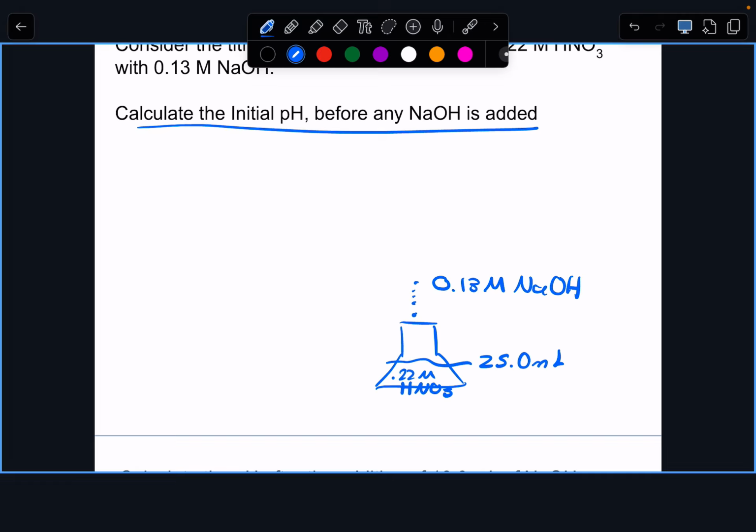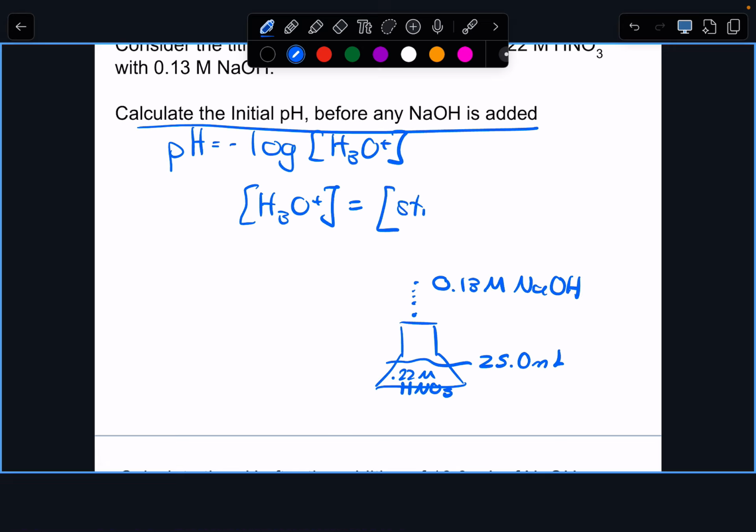At the very beginning of chapter 17, we said if you have a strong acid, you just take that to be equal to the molarity of the H3O plus. So you just take the negative log of that. Okay, pH is the negative log of the H3O plus, and for a strong acid, H3O plus equals that molarity.